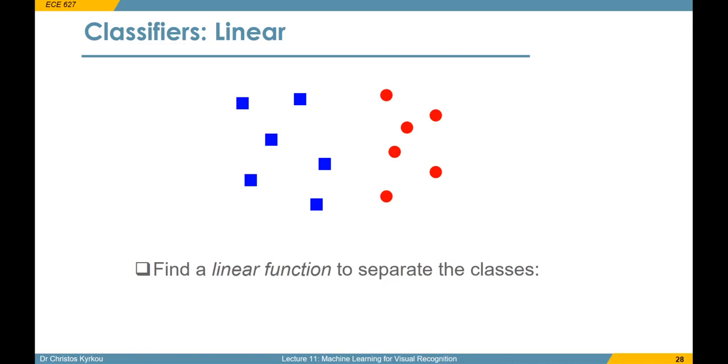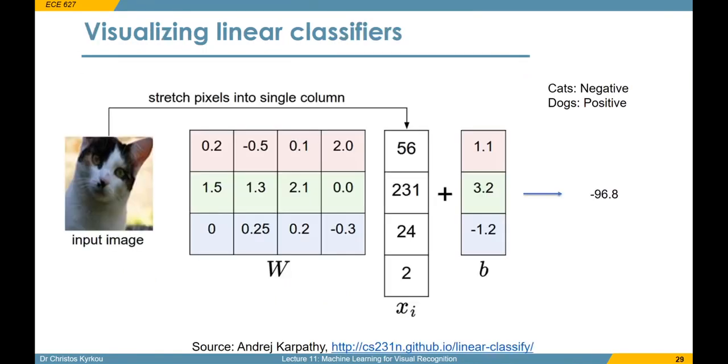So here we have a model that models a line, and we are looking for the values of the vector W and B so that we can classify these two data sets using a line. And in higher dimensional spaces, like 3D, this line is called a hyperplane.